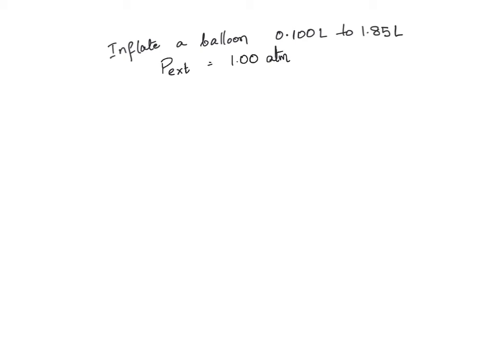In other words, how do you quantify how much work is done, right? So V1 is 0.1 liter, V2 1.85 liter, P external pressure 1 atmosphere.